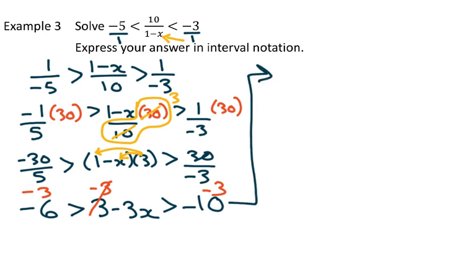I'm going to shift up to the top of the page to do that. On the left, negative 6 minus 3 is negative 9. In the middle, we're left over with negative 3x. And on the right, that works out to negative 13.